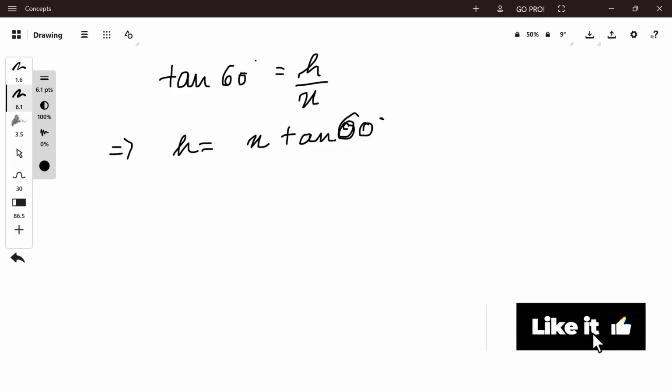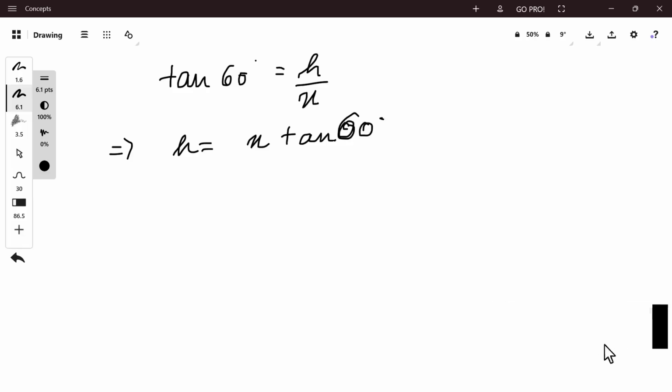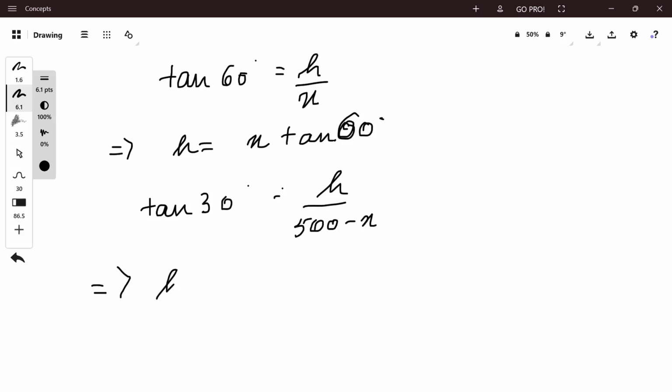And tan 30 is equal to h upon (500 minus x), which is h is equal to (500 minus x) tan 30.